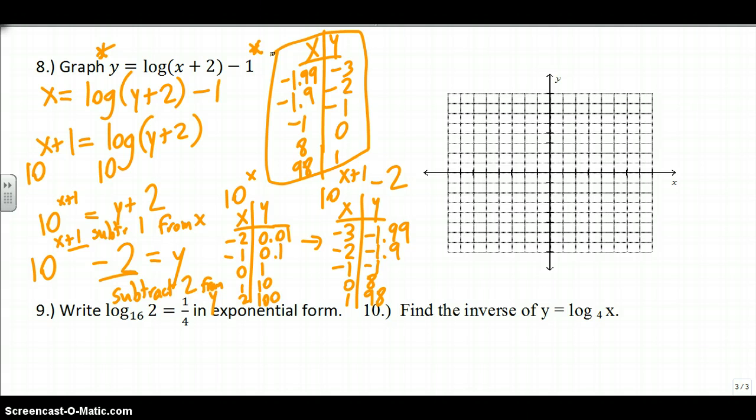Okay? So let's graph it. Negative 1.99, negative 3. And that will be right here. Negative 1.9, negative 2, be right there. Negative 1, negative 1, 8, 0, right there. Ooh, wow, that gets really steep.